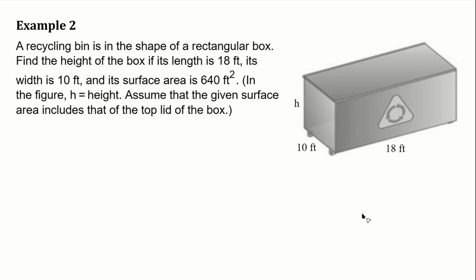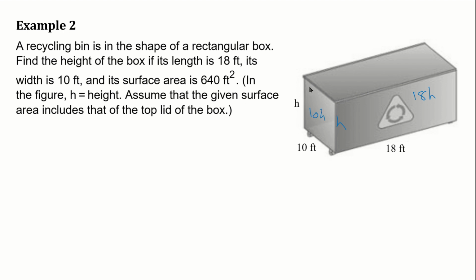We notice that we can get the area of, for example, this front face by multiplying this length by the height, which is h, and in the back it is h as well. So for this part here, we're going to have 18h. For the side piece, we need to multiply 10 and h, so that part is going to be 10h.